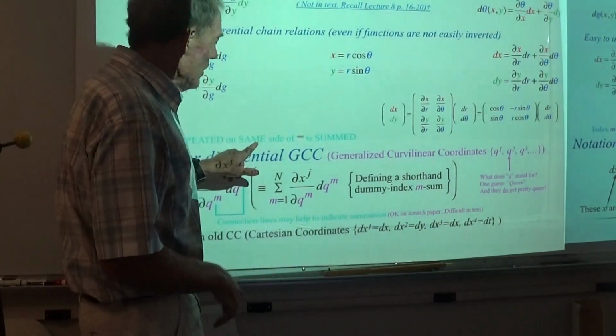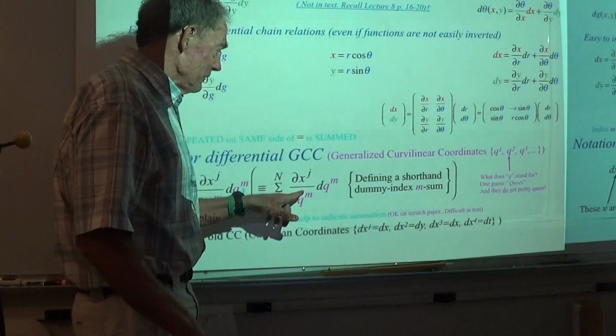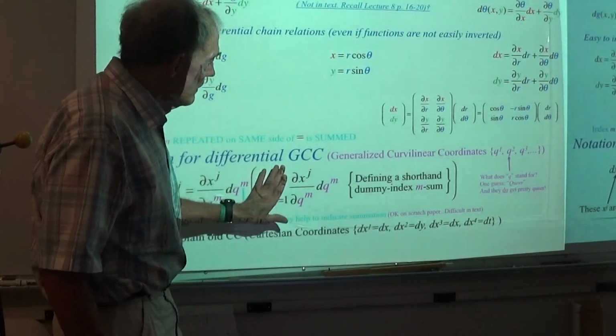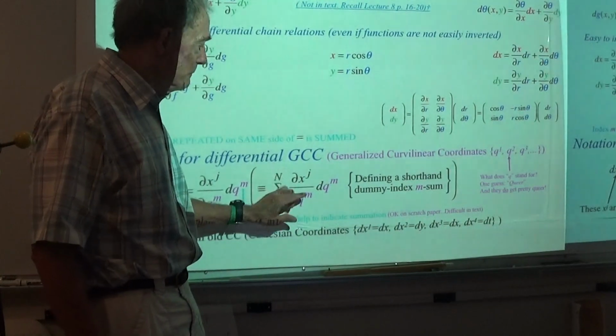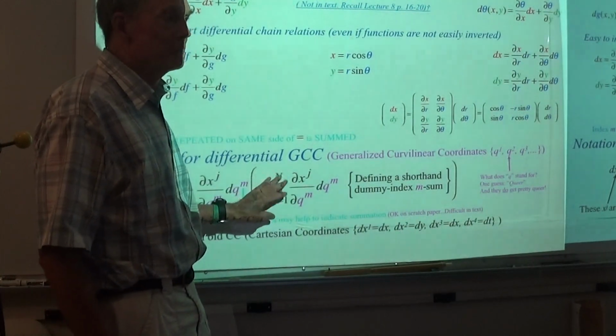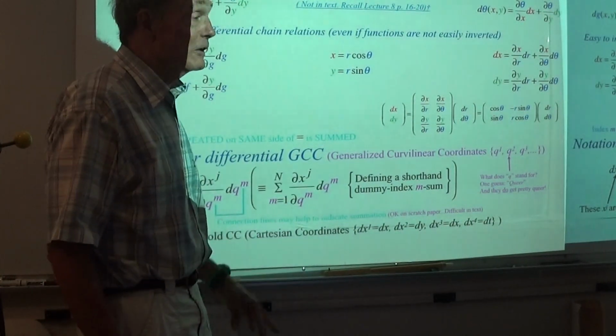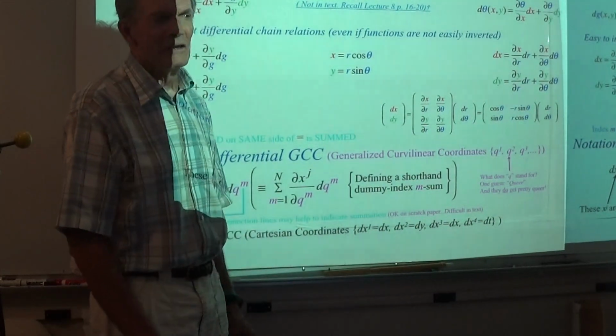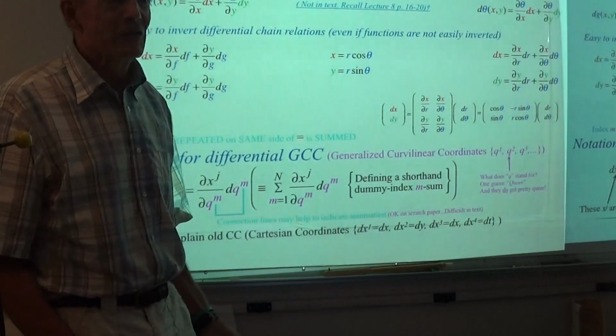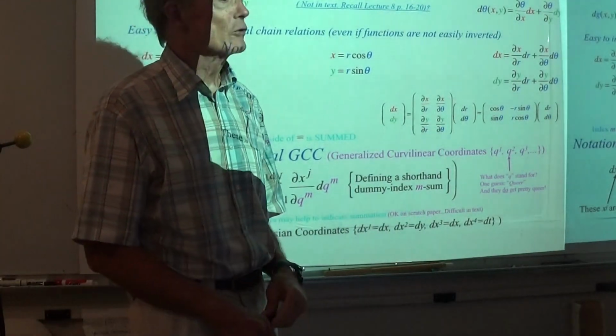You do the sum on that side. So we're just going to eliminate the sigma right away. If you see two repeated m's in there, get busy and sum them when it comes time to evaluate. In the meantime, you're going to be doing algebraic manipulation, and you don't have to pay any attention to that until it comes time to actually evaluate.